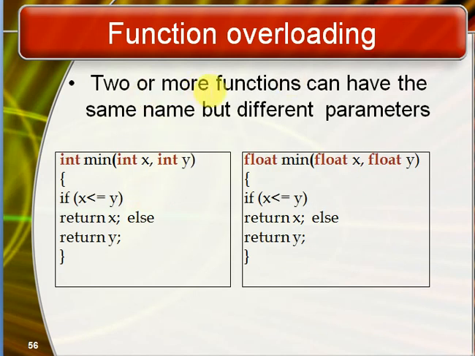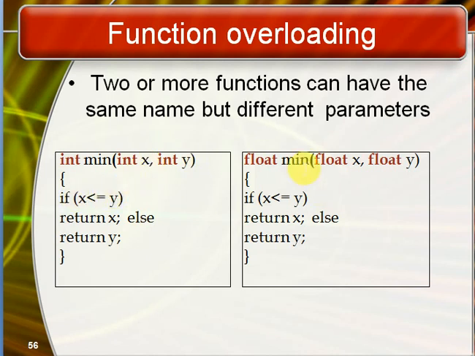Simple example: two or more functions can have the same name but different parameters, either the type of parameters, the number of parameters, or even the order of parameters. This is a main function that is using two parameters of type integer.